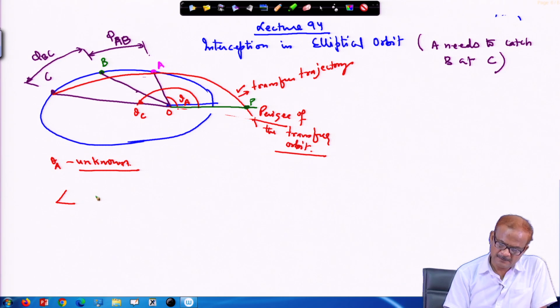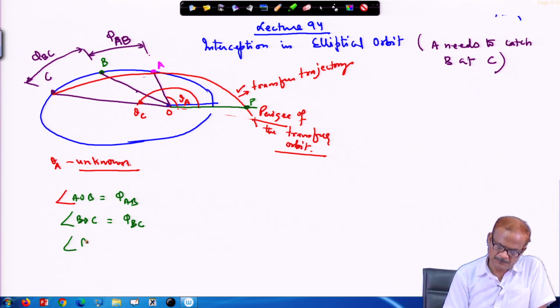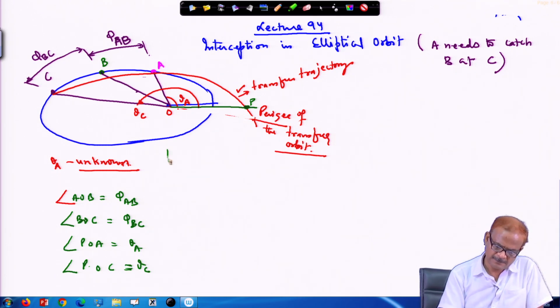Okay, so the angle AOB is phi AB, angle BOC is phi BC as we have named it, angle POA equals theta A, and angle POC equals theta C. So, these are the angles we are taking.